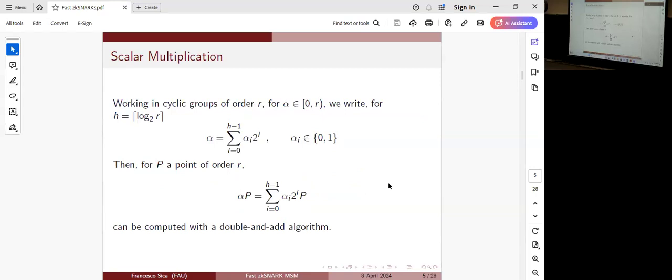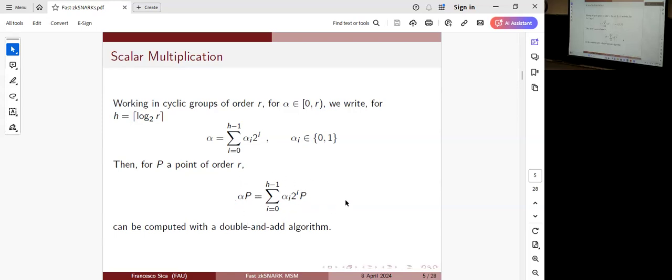The expensive operation on elliptic curves is called scalar multiplication. Scalar multiplication is when you have an elliptic curve, say a point of order r, so you're working in a cyclic group of order r, and you take a number alpha between 0 and r, and you want to calculate alpha times P. You write alpha in a binary expansion and do this computation with some algorithm.